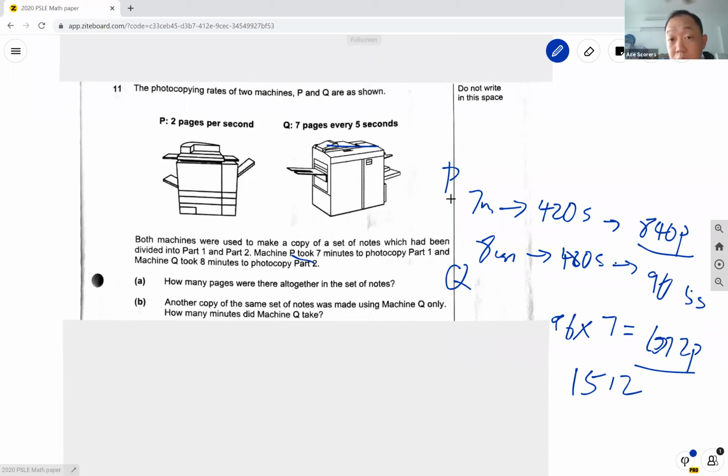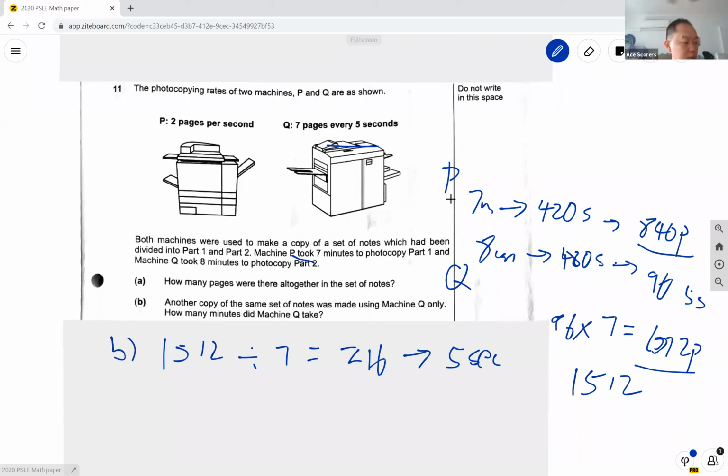Okay. So another copy of the same set of notes was made using machine Q. How many minutes did machine Q take? We take 1512 divided by 7, which is 216. What this means is there are 216 five-second intervals, because every 7 pages takes 5 seconds.